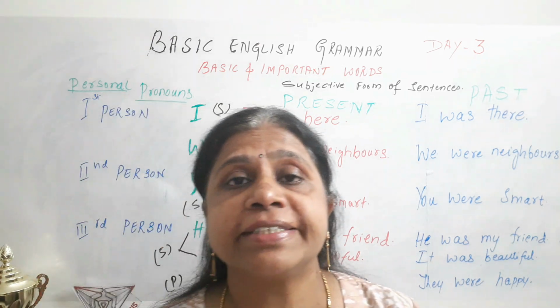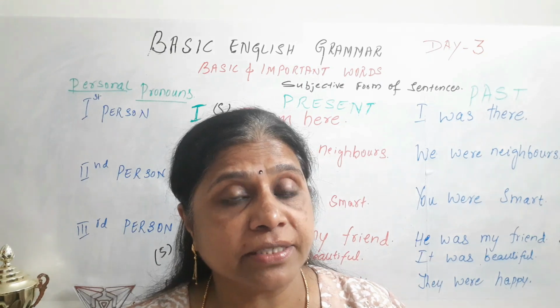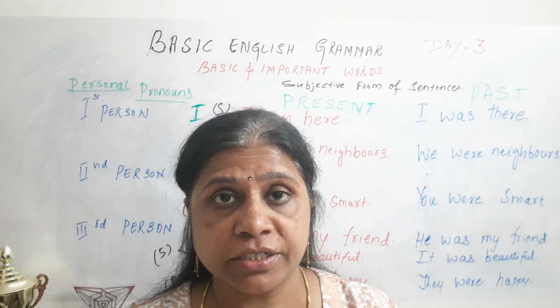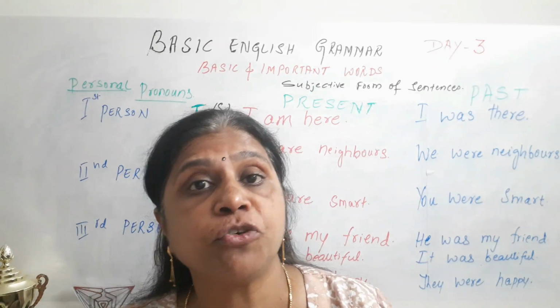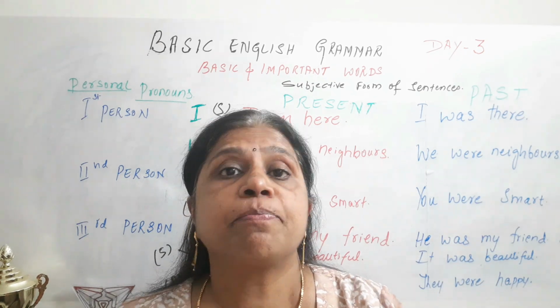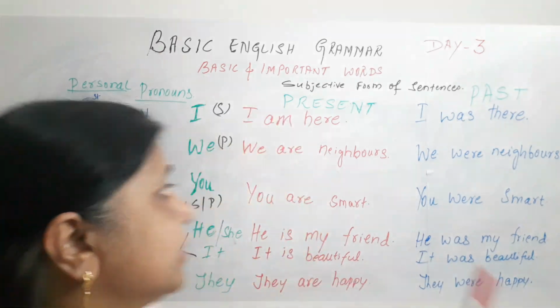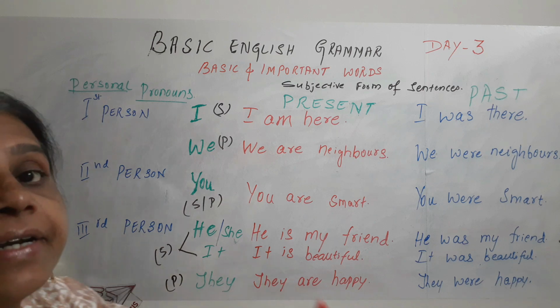When we form a sentence, there are three parts: subject, predicate, and object. So today we are considering the subjective form, that means taking the first part of the sentence, that is I, we, you, he, she, it, and they.